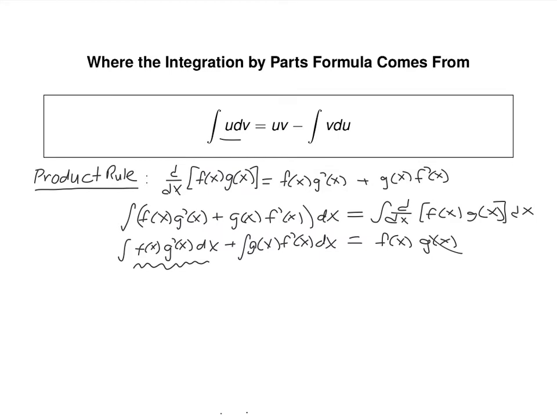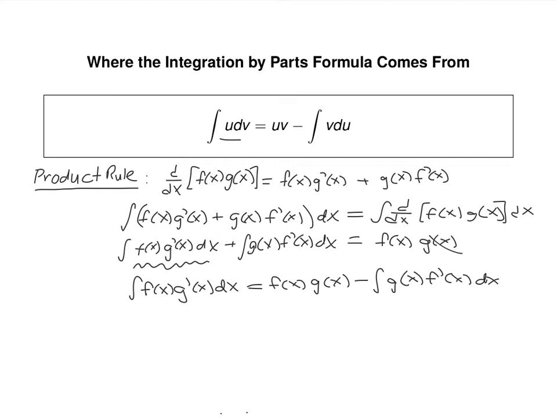So we have the antiderivative of f of x times g prime of x dx is equal to f of x times g of x minus the integral of g of x times f prime of x dx.